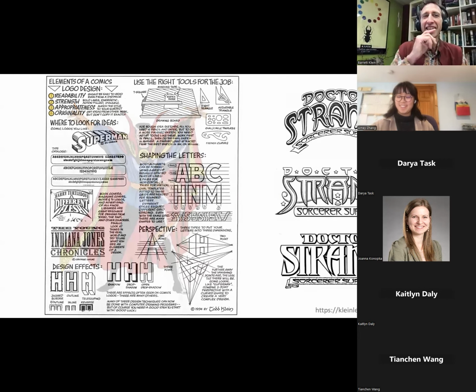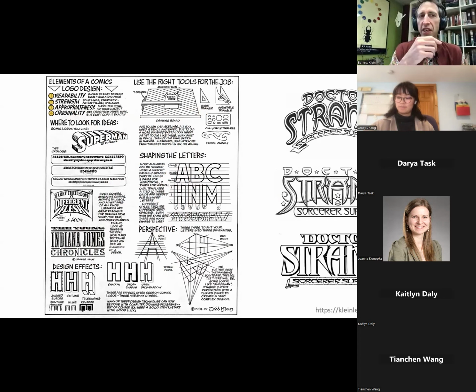So he had his Elements of Comics logo design criteria, and I highlight them in the upper left, with readability, which many of you had in various forms written down, strength, now this may be appropriate for comic books, bold lines, energetic, action-filled, dynamic. Appropriateness, some of you talked about not just relevance, but cultural relevance. And originality, it better be unique, right?